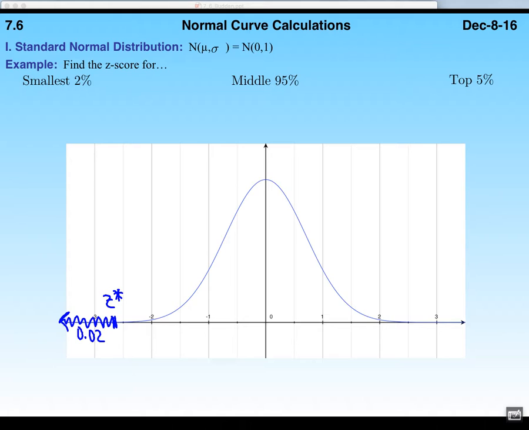So now we know that the probability that z is less than z star, whatever our z-score is, is 0.02. We need to find the z-score, or the z star. So all you do is look on your table and find 0.02. This is a little more tedious, so you just gotta search. Anybody find it yet?